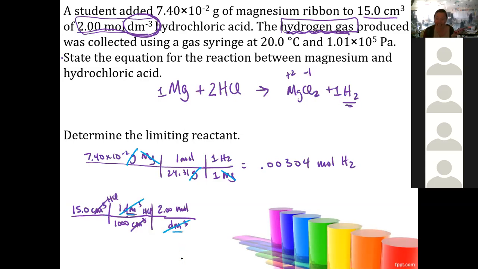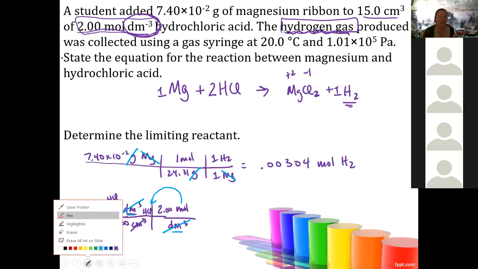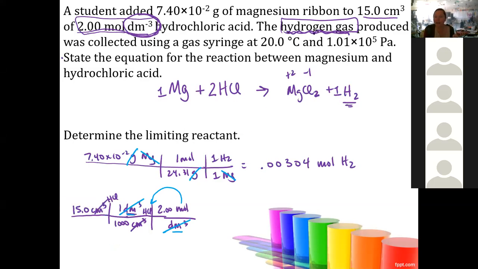It cancels them. So now I have moles of hydrogen chloride, hydrochloric acid. Because my question is talking about hydrogen gas, I'm going to convert my hydrochloric acid to hydrogen gas. I have 2 HCl's. I'm going to put it here so that my HCl's on top and bottom cancel out.